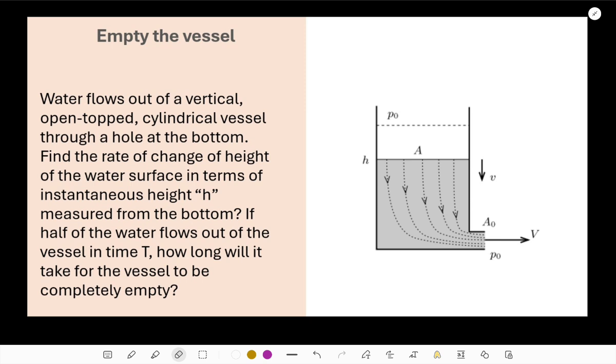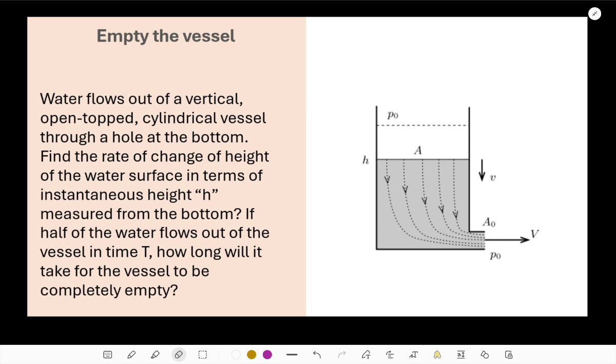It says water flows out of a vertical open-topped, to the atmosphere of course, cylindrical vessel through a hole at the bottom. You can recognize all the things, and find the rate of change of height of water surface, water level, in terms of instantaneous height h. That's the clue.